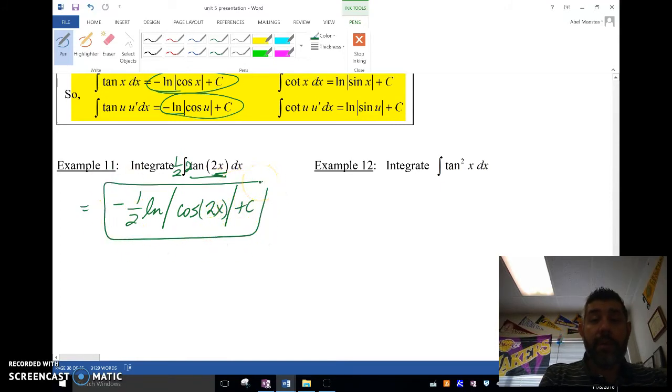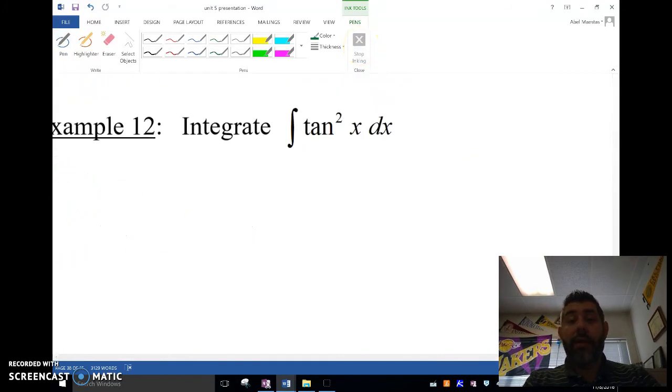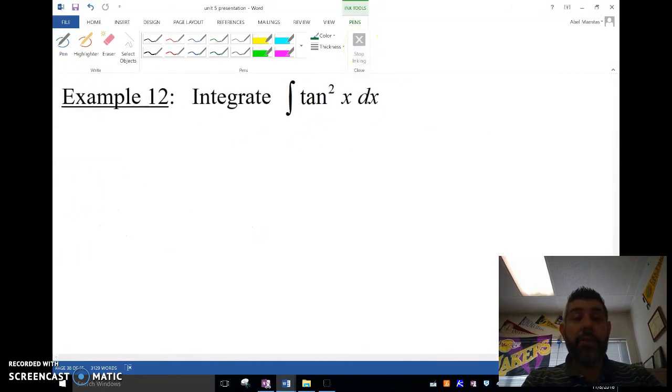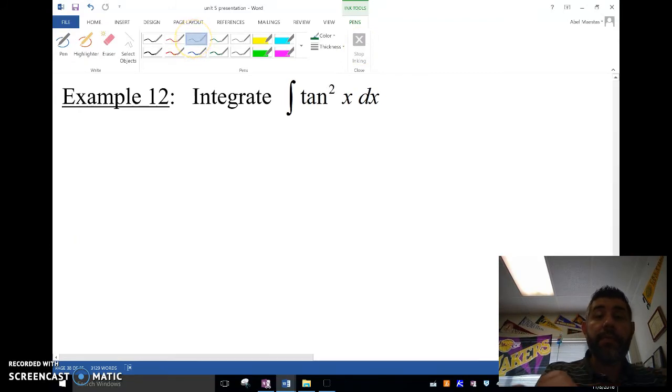Okay. So let's do the next one. This is tangent squared. So the integral of tangent squared x. Ooh, that's tricky. If I put this as tangent x squared, I don't have any hook on because the derivative of tangent is secant squared, so that doesn't help me.